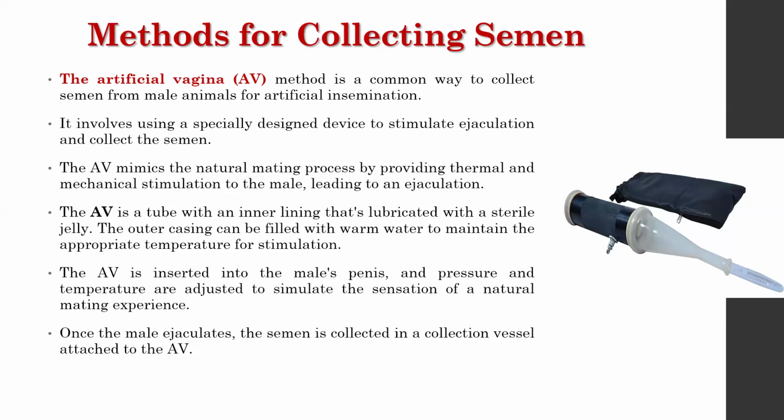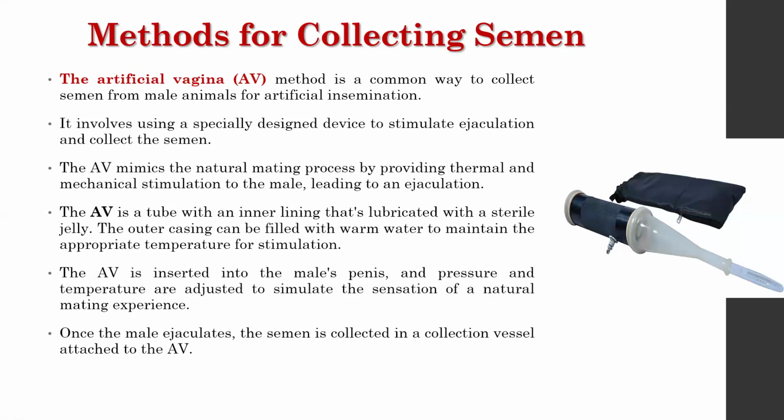But when we talk about the artificial vagina method, it is a very common way. It involves specially designed devices. Here we can see the artificial vagina, having an insulated cylindrical body for collection of semen.